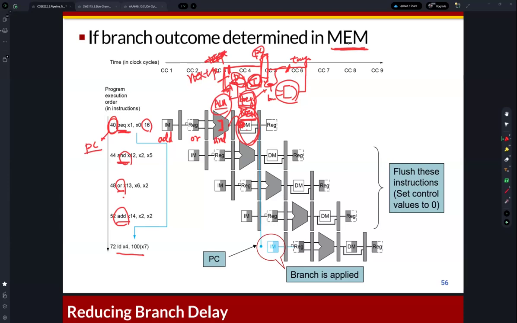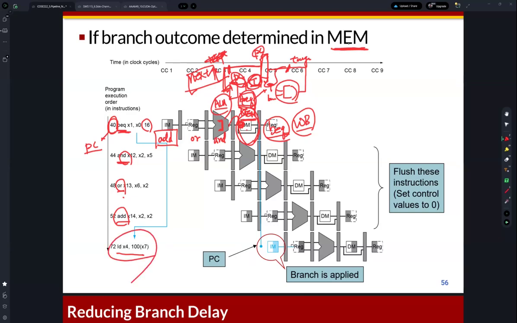And then currently the add instruction is in the instruction fetch stage, right? So in the next cycle, when the BQ is in the write back stage, then using this PC, the target of a branch instruction, we can fetch the correct instruction.